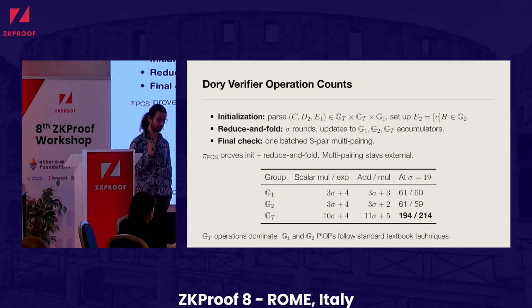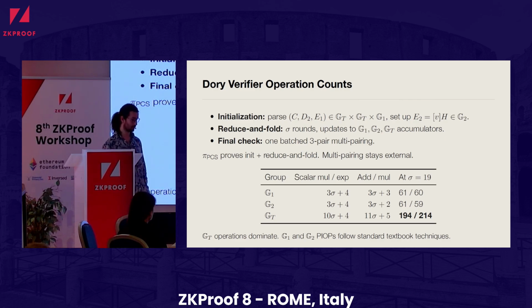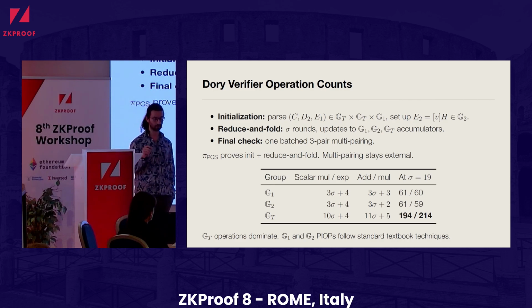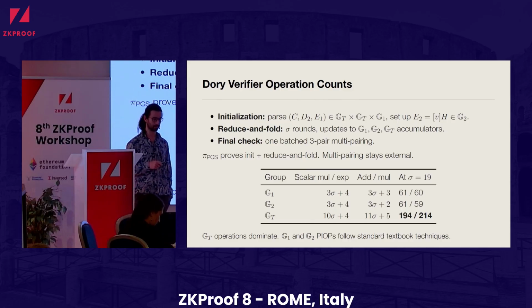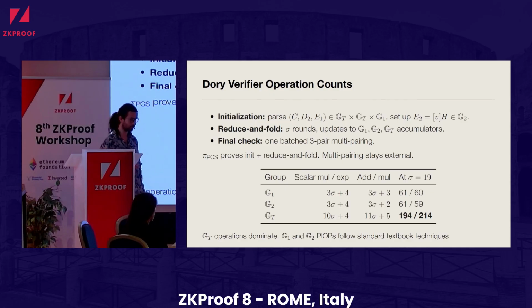The PCS SNARK only proves the first 2, and we leave the multi-pairing outside this proof to be checked directly by the verifier in our recursive layer. Because it's a fixed, constant number of operations, it doesn't add much to the total cost. In particular, I think it's around 9%.